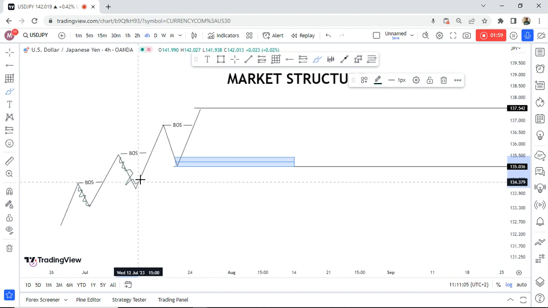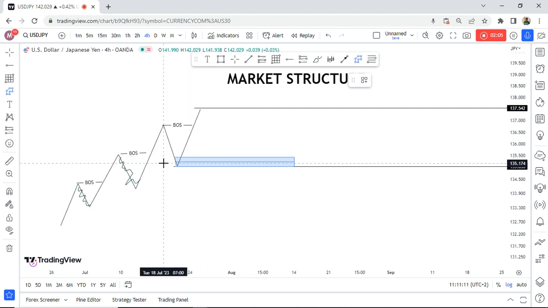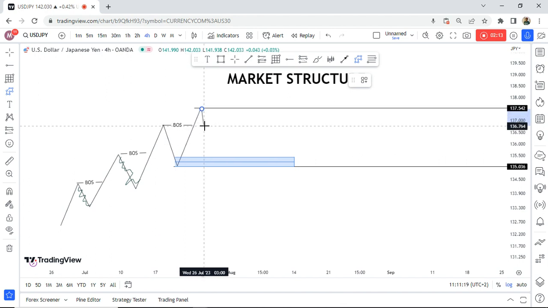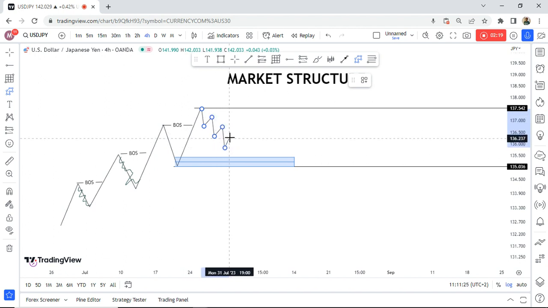So what we're going to focus on is the bigger time frame, this order block, but then on a smaller time frame, we'll be looking at the way the market forms those series of lower lows and lower highs approaching our order block. This would be happening on a smaller time frame actually.